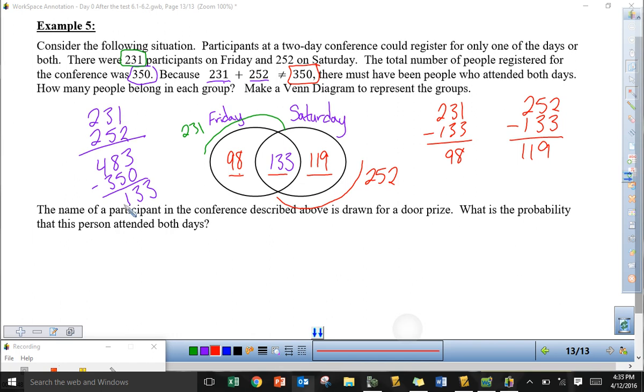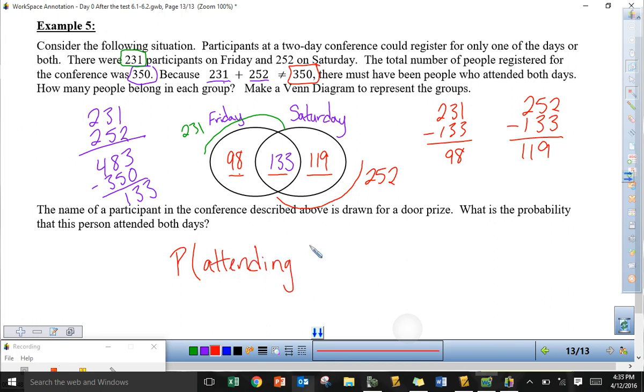All right, let's assume that we're drawing a name of a participant of the conference, okay, for a door prize. What is the probability that this person attended both days? So we're finding the probability of attending both days. Again, this is a single event, so we just have to find the total number of favorable outcomes, which the ones who attended both days was 133, and divide by the total number of outcomes, or the total number of participants, which is 350.